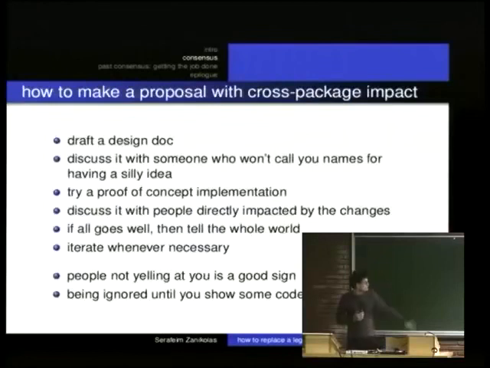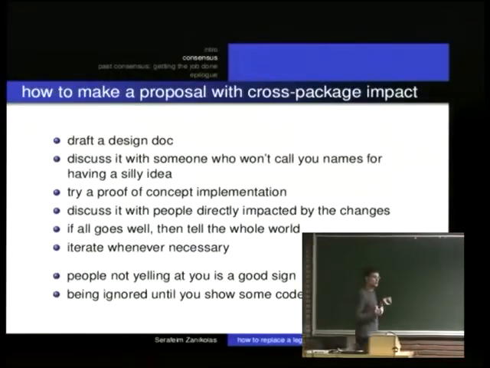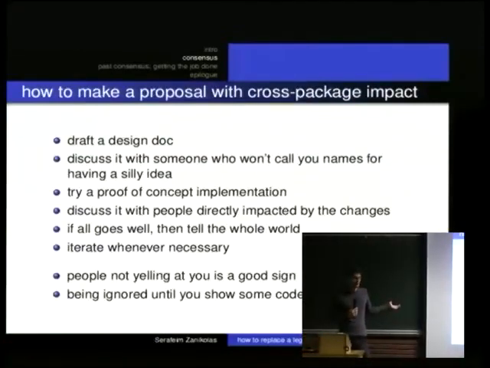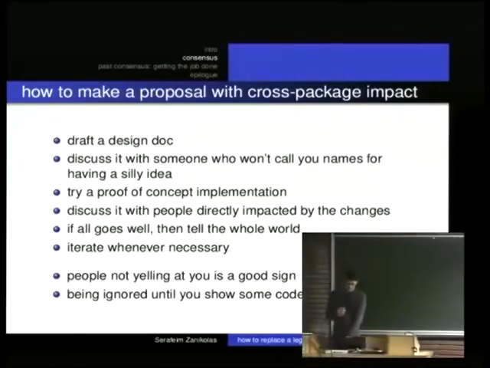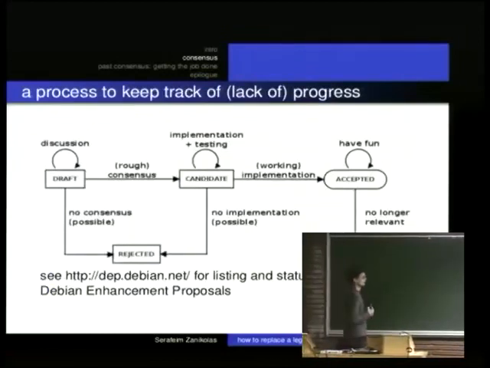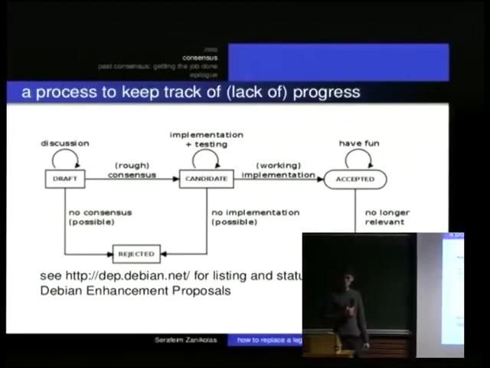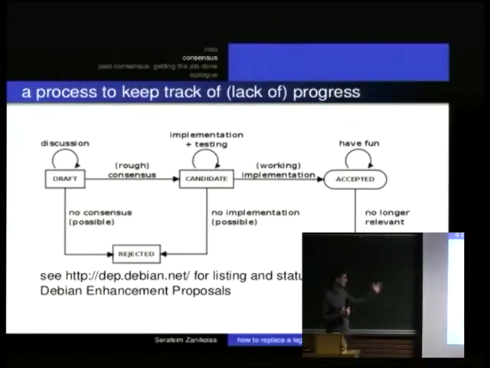And because this process can take a long time, and as I said, for the 2001 proposal to replace update-rc.d, I couldn't find out what happened from the archives. So mailing list archives alone are not good enough to keep track of the progress of this kind of work. So in Debian recently, some wise people have introduced a process modeled on the Python enhancement proposal process, which is basically very simple.